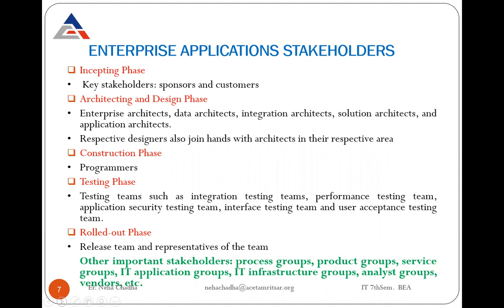The testing phase includes the integration testing team, performance testing team, application security testing team, interface testing team, user acceptance testing team, and possibly more testing teams. Here the stakeholder name is integration testing team. That means the testing area is further divided into subparts, as a person has the designation of integration testing team, meaning that person works in a team which performs only integration testing.